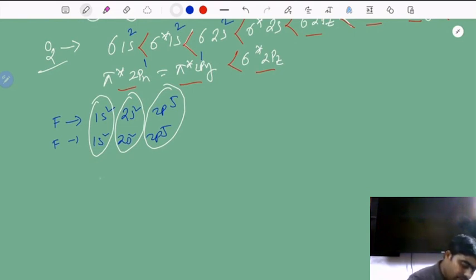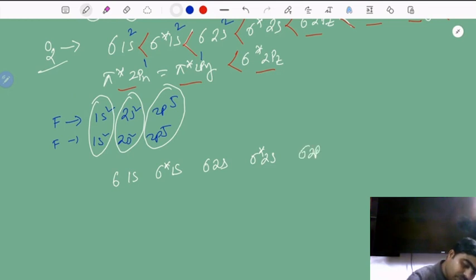Now see, 1s and 1s are combined to make what? Sigma 1s, then sigma star 1s, sigma 2s, sigma star 2s, then which one comes first?